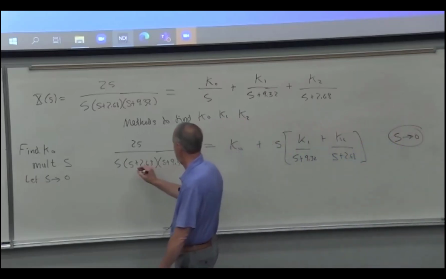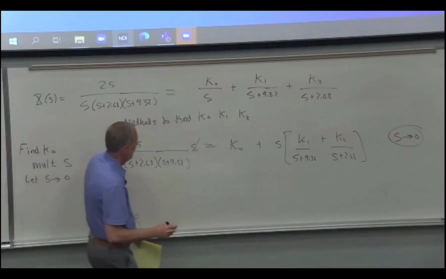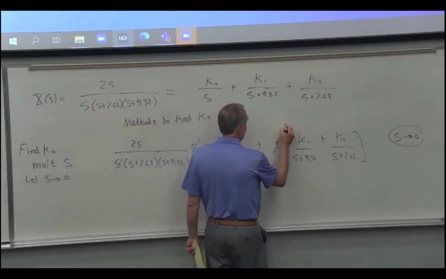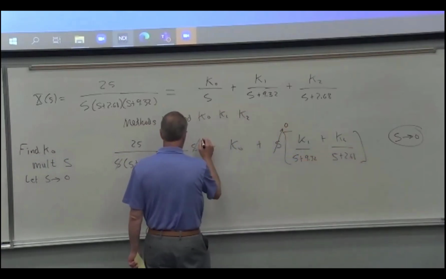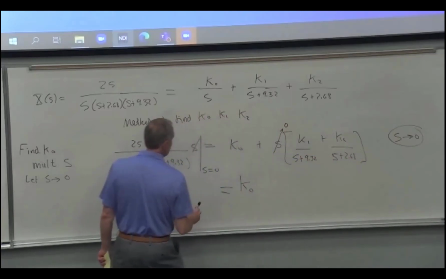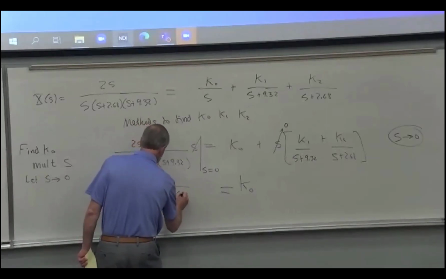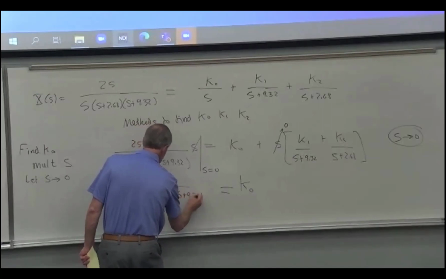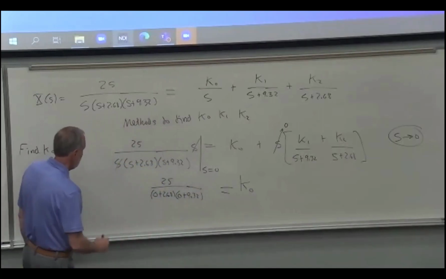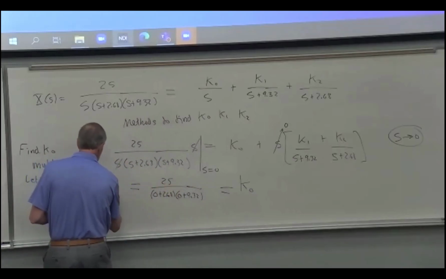Here we've knocked this out. So letting s go to 0 doesn't make this go to infinity because it cancels out. And s going to 0 knocks all that stuff out. And so it's really easy to find K0 because it's all isolated over here. So I stick in 0 for s, and I find out K0, if you work all this stuff out, is equal to 1.